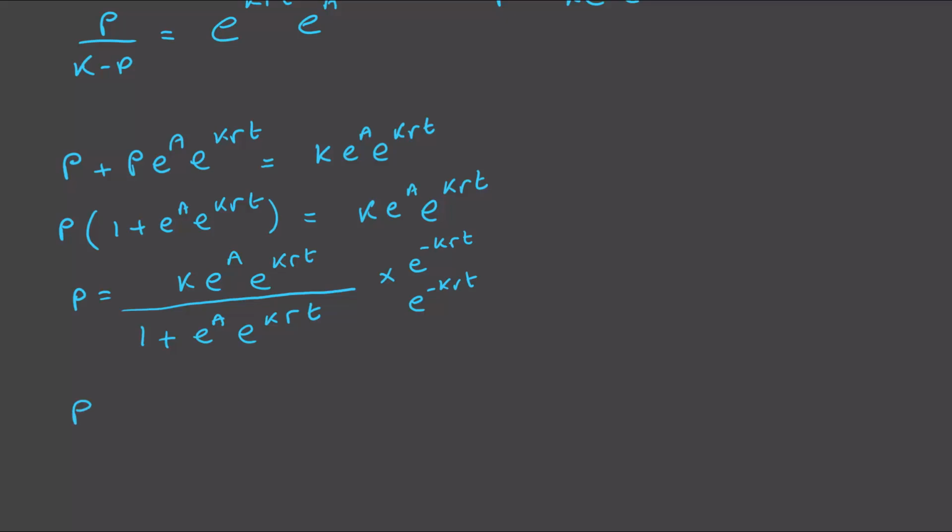So on the top we just end up with k e to the a, and on the bottom we end up with e to the negative krt plus e to the a, and that's it.